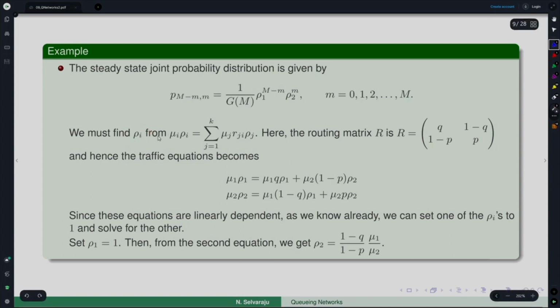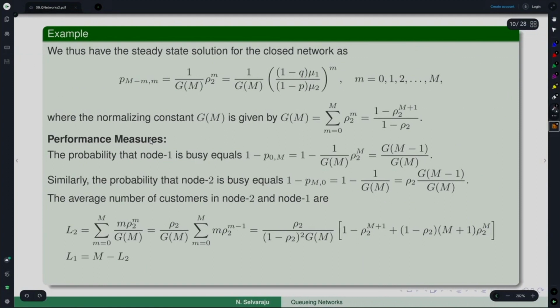So don't ever interpret that as the actual one. That's why in some books they use a different notation for this rho i rather than using rho i as we are using it here. But from the context of closed queuing networks, you just have to keep in mind that this is not the actual utilization, but a relative utilization.